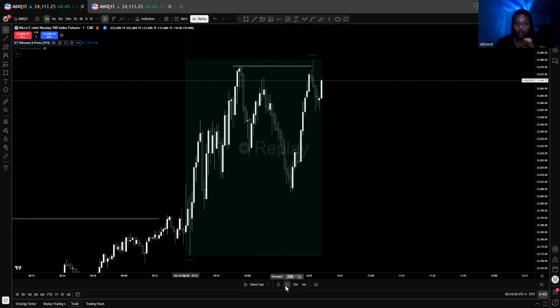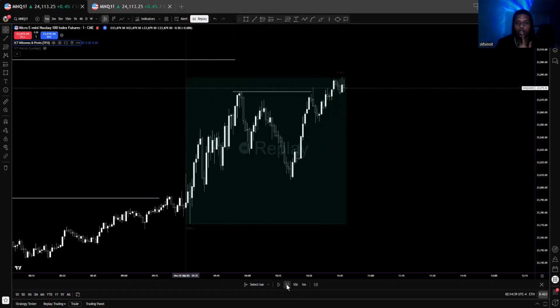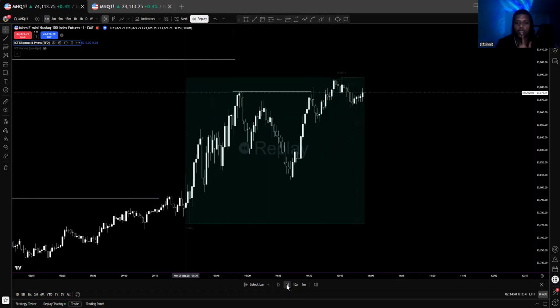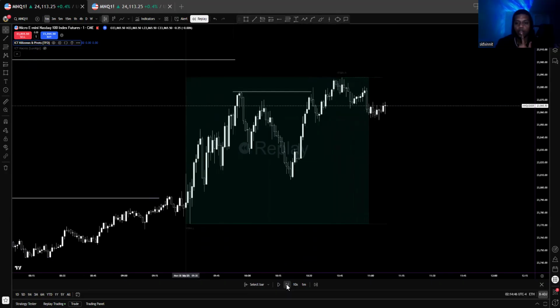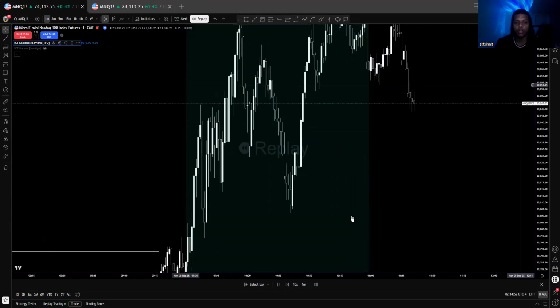Right now, I'm not taking it because I'm waiting for the price to sweep this liquidity. So we swept the high a second time. That's the liquidity. That's what I want to see.